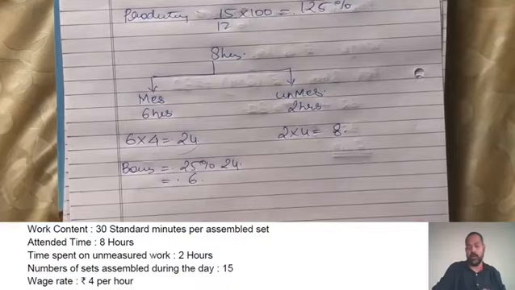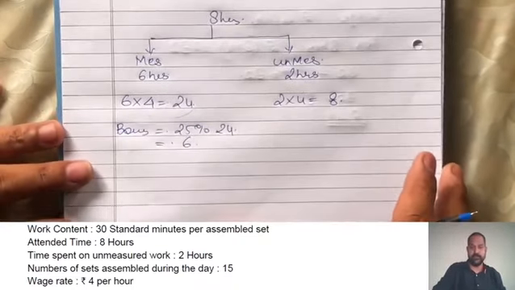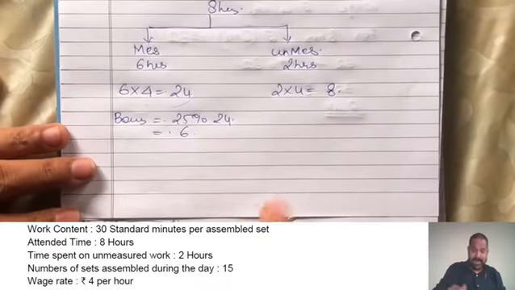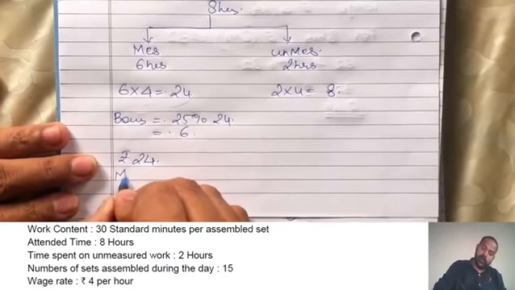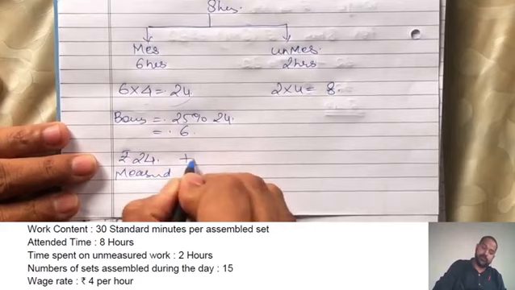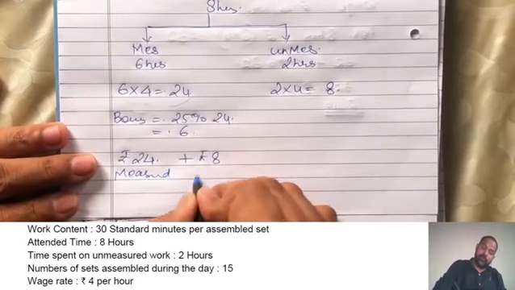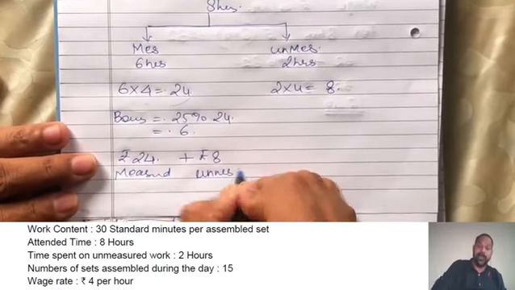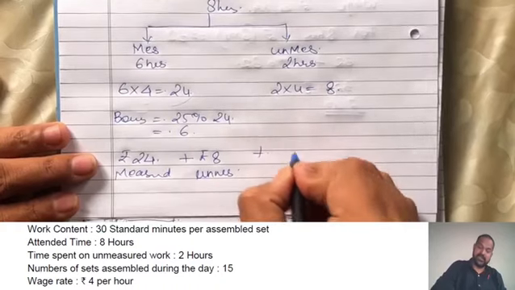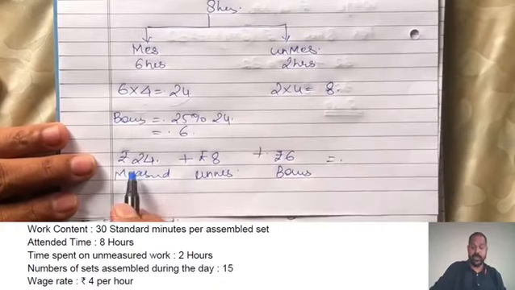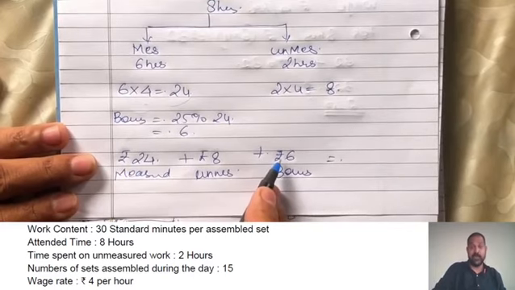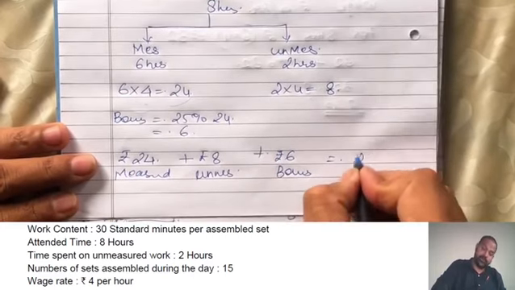So give him or her a bonus of 6 rupees. So your salary will be 24 rupees for measured work plus 8 rupees for unmeasured work plus 6 rupees as bonus. So the answer is 24 plus 6, which is 30 plus 8 is rupees 38.